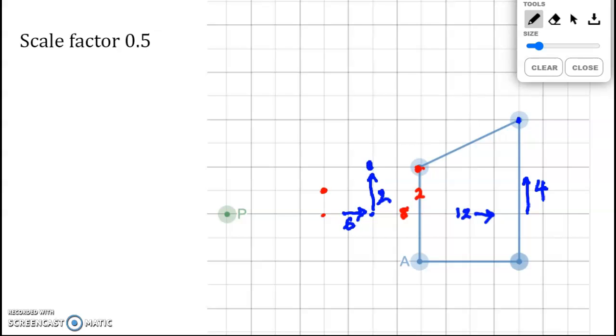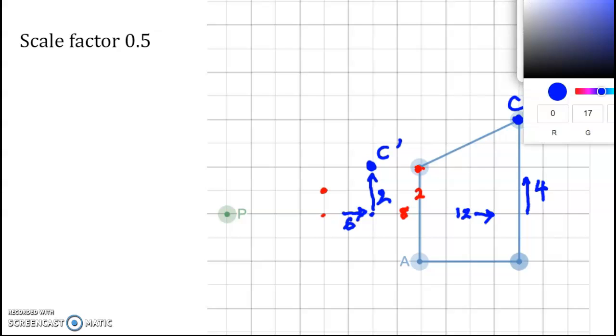Okay, so let's label this as C prime. And then this will be my B prime. Okay, and then let's call this D. My D point is again 12 to the right, but 2 down.